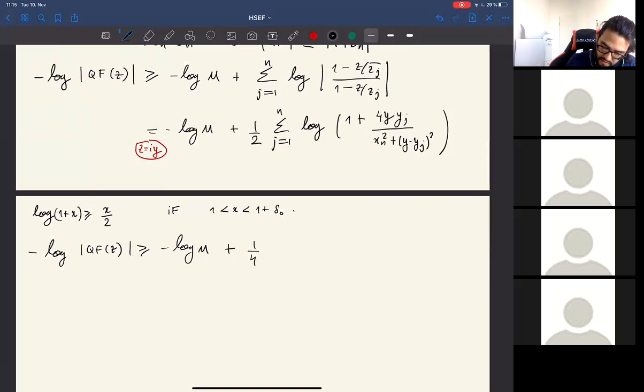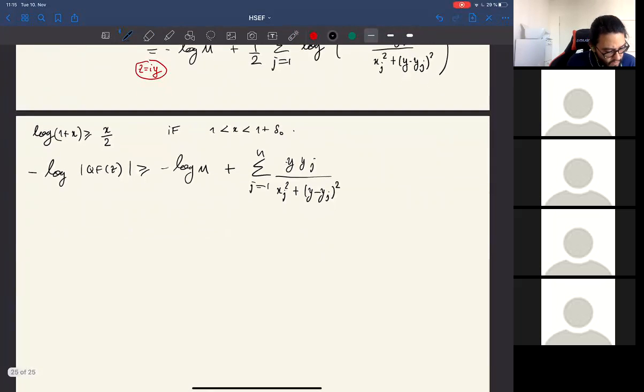But then we have a 4 there. So it's just y, this will be a sum, j equals 1 to n, yj divided by xj squared plus y minus yj squared. Oh, I keep writing x, n, xj.